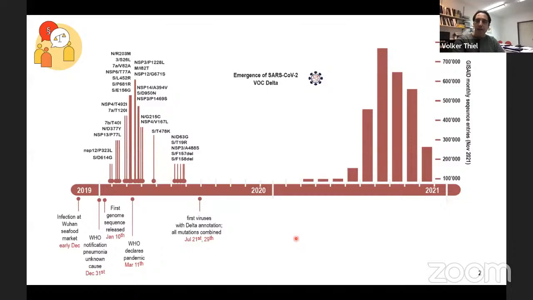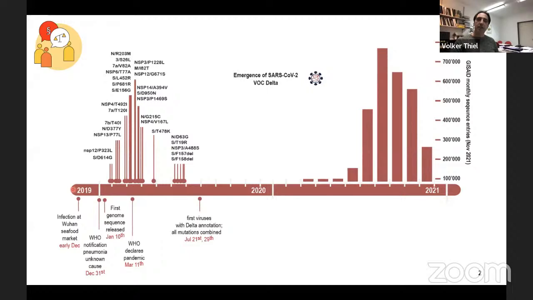And I want to also point out this issue because it just appeared, Omicron, and we don't actually know, as Emma said, where it came from. I want to compare that with Delta, which is shown here.